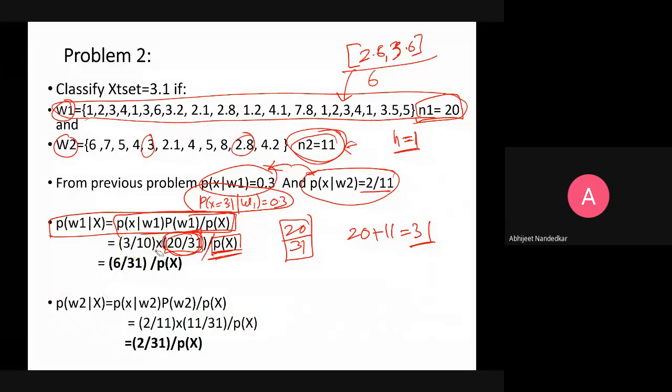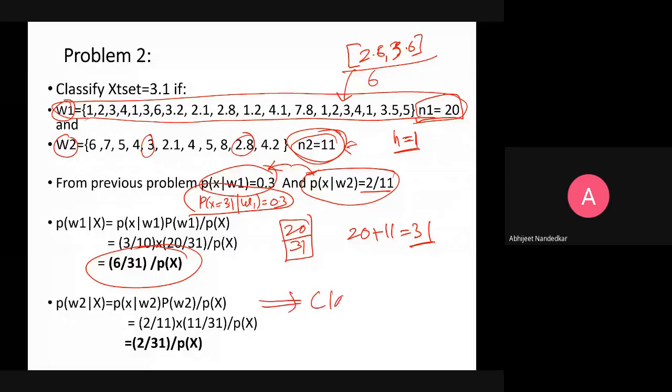Which one is bigger? We are using Bayes, so we will go with maximum probability. So obviously my answer is class 1. I should declare that x test belongs to class 1. That is my answer.